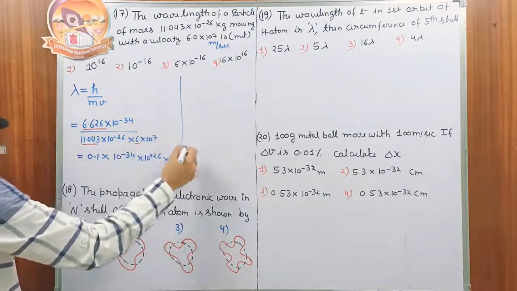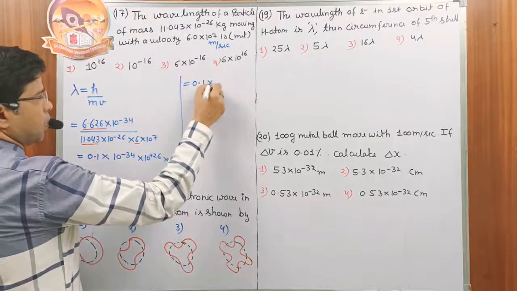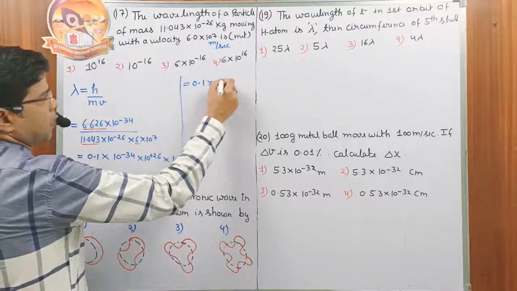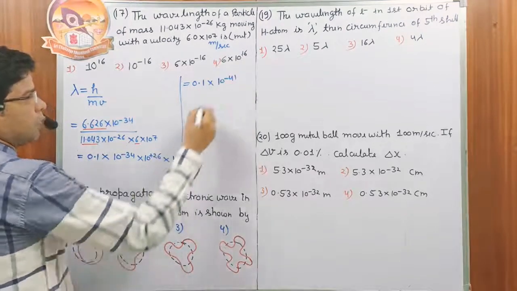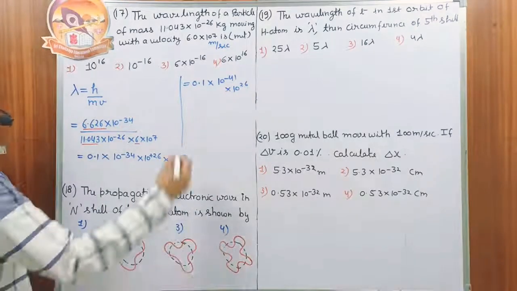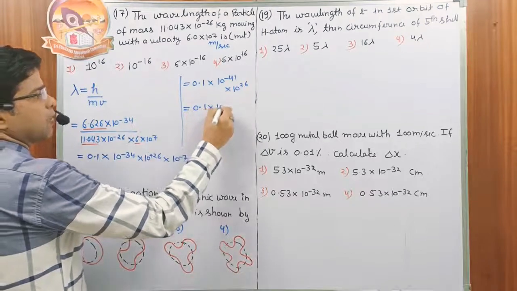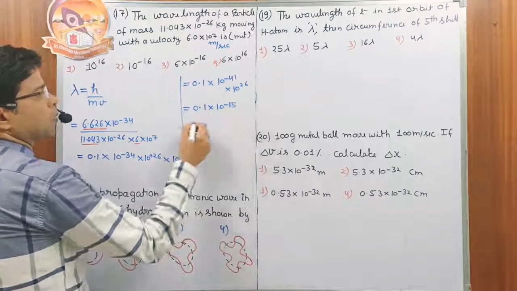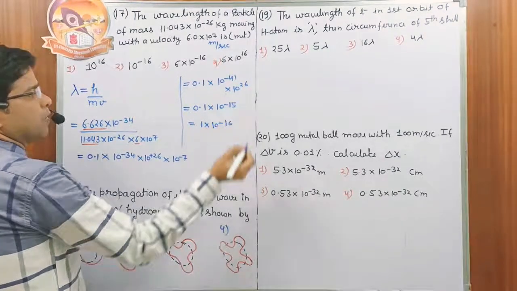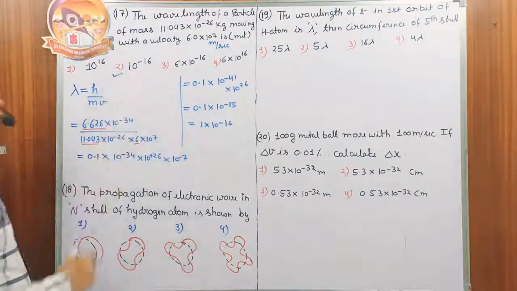So what we have now is 0.1 into 10 is power minus 34 and minus 7, 10 is power minus 41, multiplied by 10 is power 26. So what is that? It becomes 0.1 into 10 is power minus 15. Okay, that can be written as 1 into 10 to the power minus 16. So the correct answer of this question is option number 2.